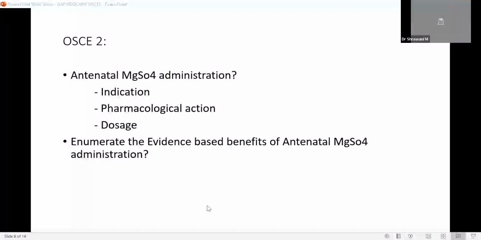Okay, indication less than 32 weeks, neuroprotection, excellent. You can tell about the pharmacological action, also evidence. Yeah, 4 grams stat, 1 gram per hour, it's correct.